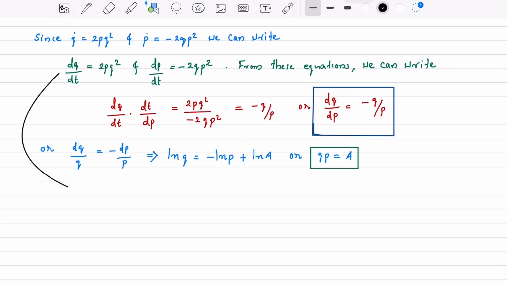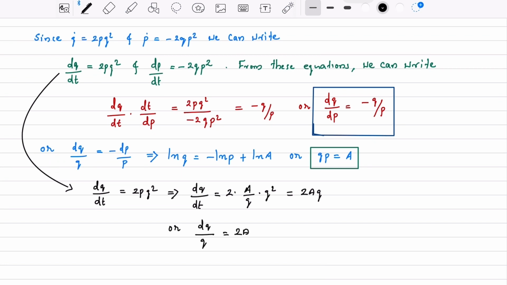Also we have dq by dt equal to 2p q squared. Now substitute the value of p from the above equation. What is p? p is equal to a by q. Therefore dq by dt is equal to 2a by q times q squared, which is equal to 2aq. Again we can write dq by q equal to 2a dt.